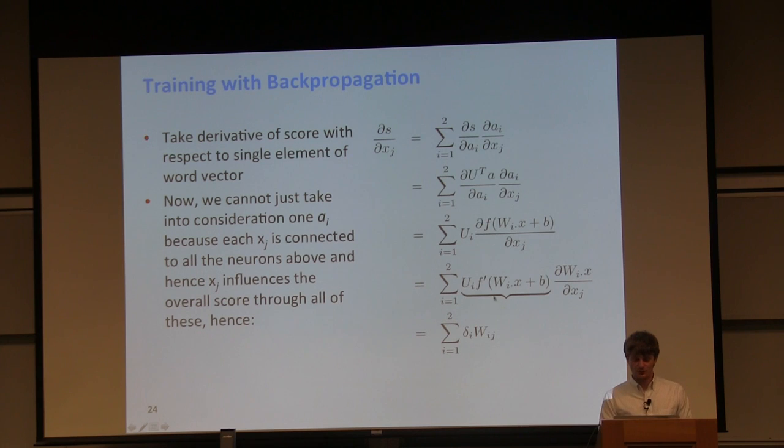Now we'll apply the chain rule, we'll get f prime, and lo and behold, that's the same ui times f prime of zi that we had before when we computed the derivative with respect to W. But now we have this other term, because we still have x, and the derivative of this inner product with respect to just one element is just that element of this row vector.